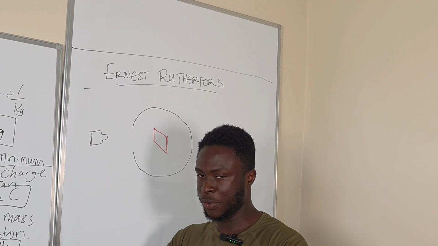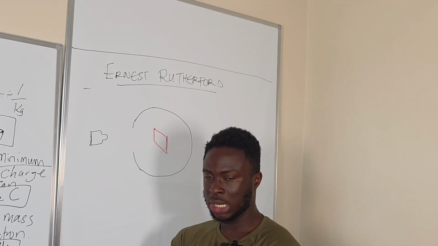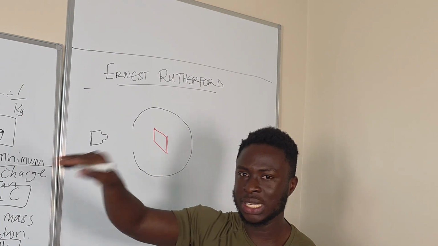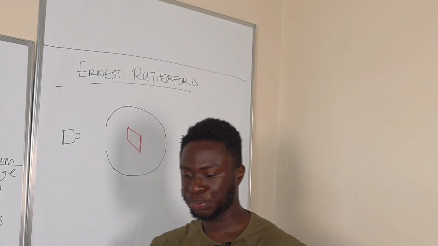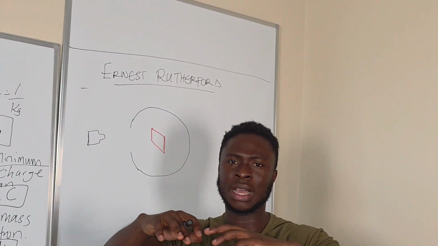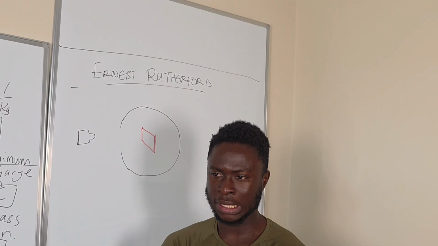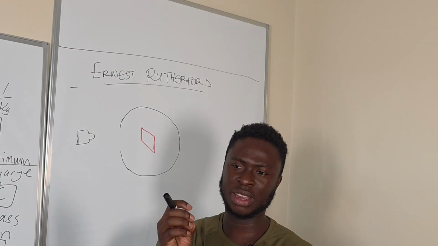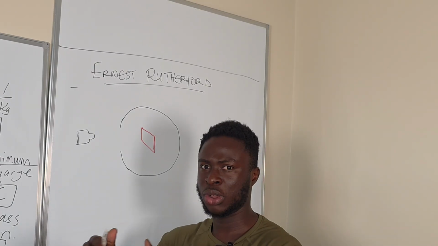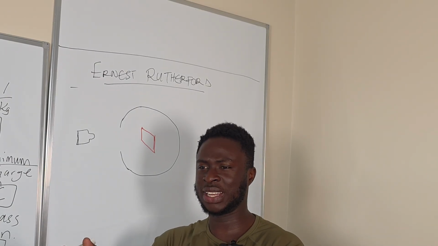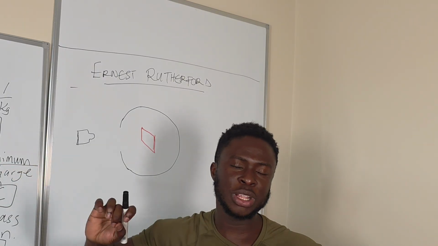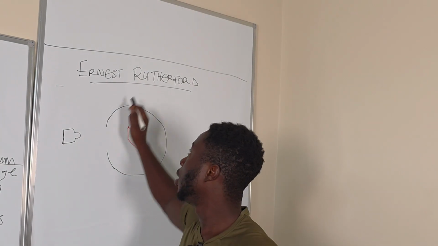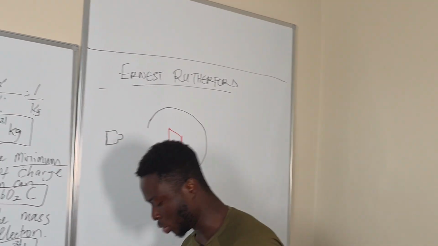Because if you are telling me that it is just a dough of positive charge embedded with electrons, then it's like I'm shooting a ping pong ball through some type of very thin film of liquid, which has a little bit of debris in it. It should go straight through it. There shouldn't be any repulsive forces, right?